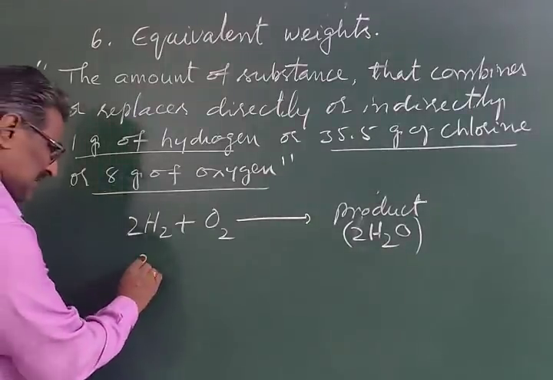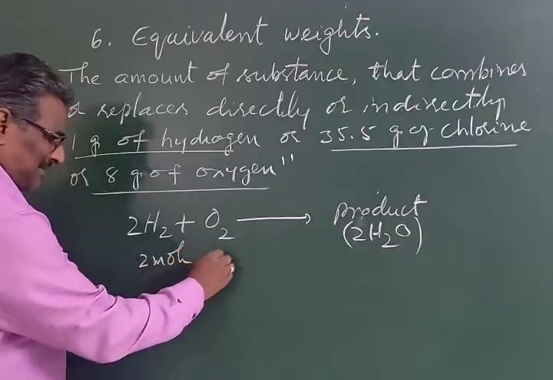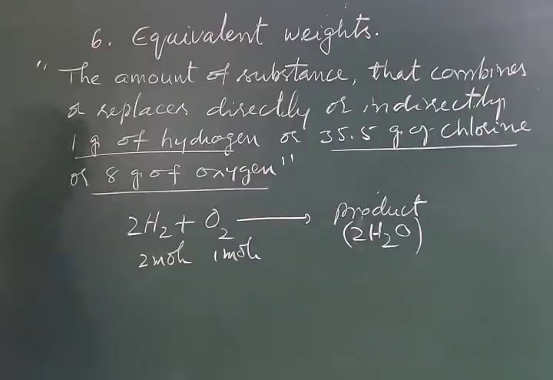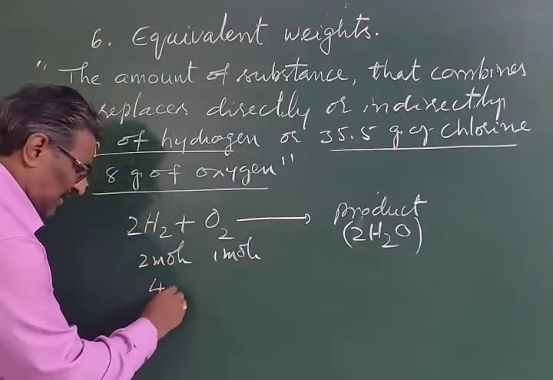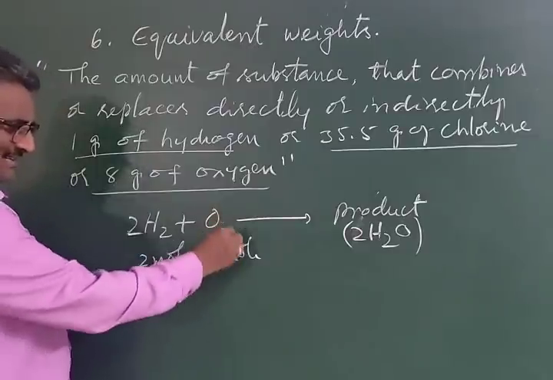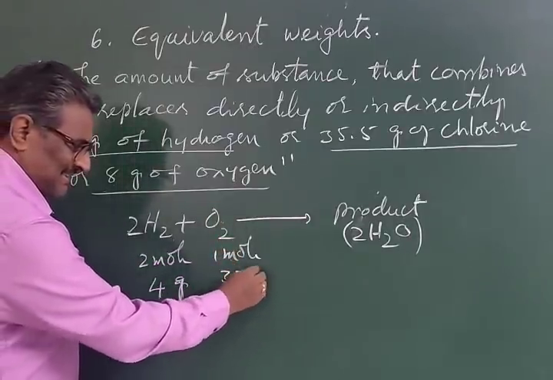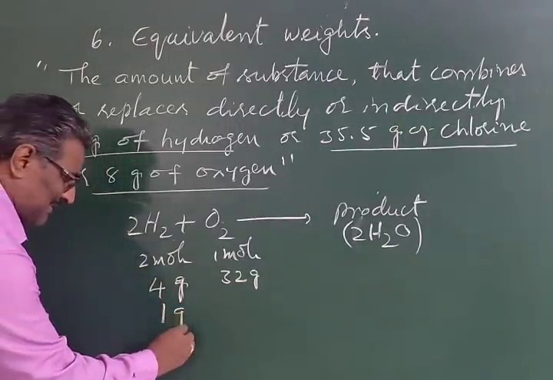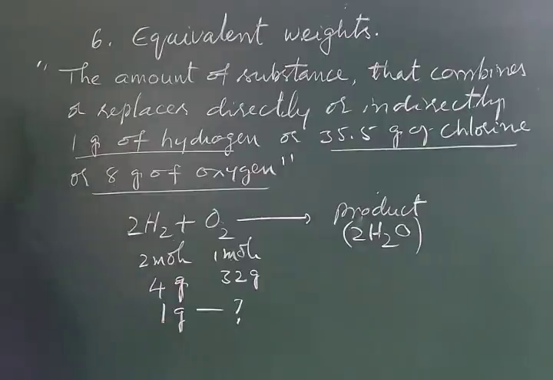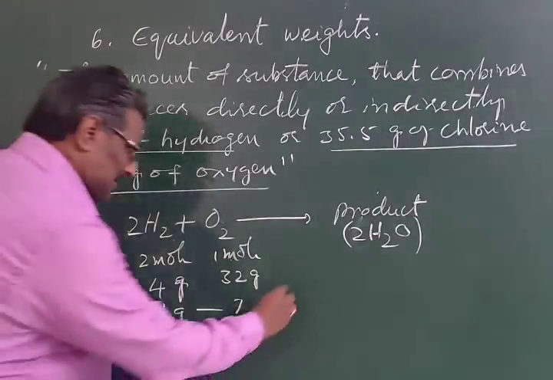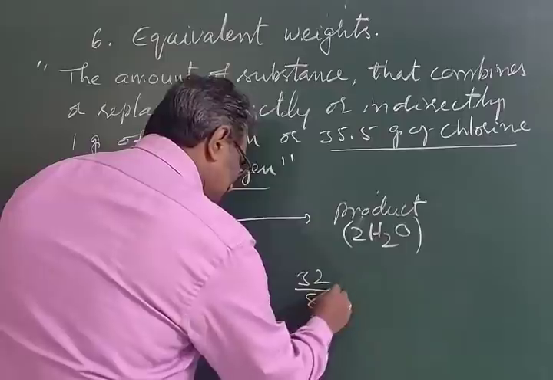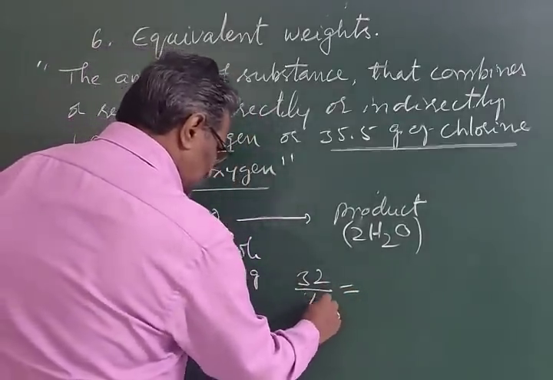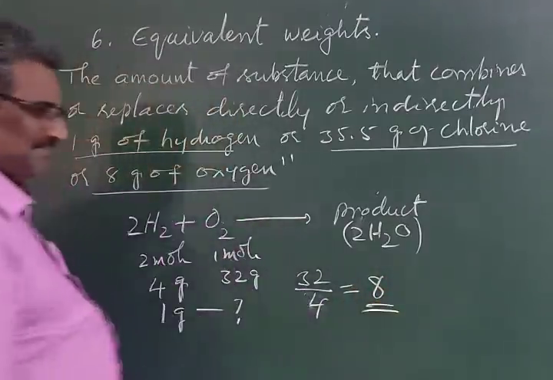In this, 2 moles of hydrogen combine with 1 mole of oxygen. That is 2 into 2, 4 grams of hydrogen combine with 1 mole of oxygen, meaning 32 grams of oxygen. 1 gram of hydrogen combines with how much oxygen? 32 by 4, that is equal to 8.